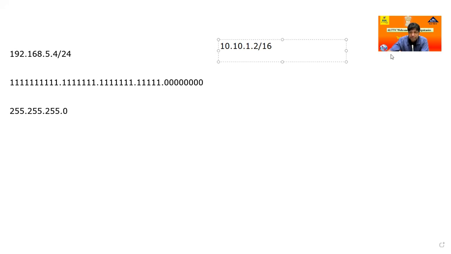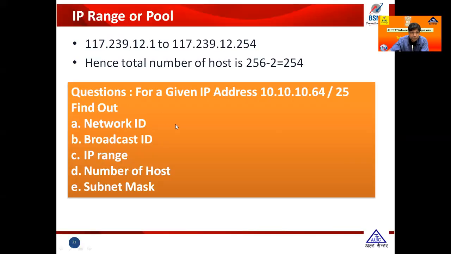With the help of the PPT, this is my question. In this question, what is the subnet mask? All four octets are already calculated, so we write the subnet mask again here. This is the fixed bit. As per my given suggestion, from left-hand side to right-hand side, all fixed bits are 1 and all remaining bits are 0.